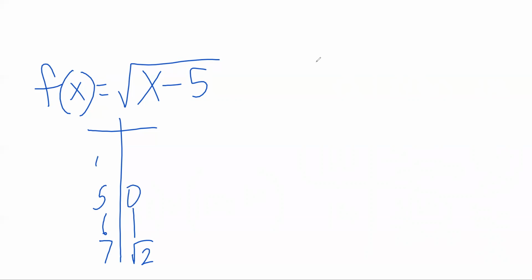Now, when we start getting less than 5, once again, you're going to have a problem because you can't really have the square root of -1, because there's no real number that can equal that. You'd have to go into imaginary numbers. But in business math, there's no imaginary numbers.